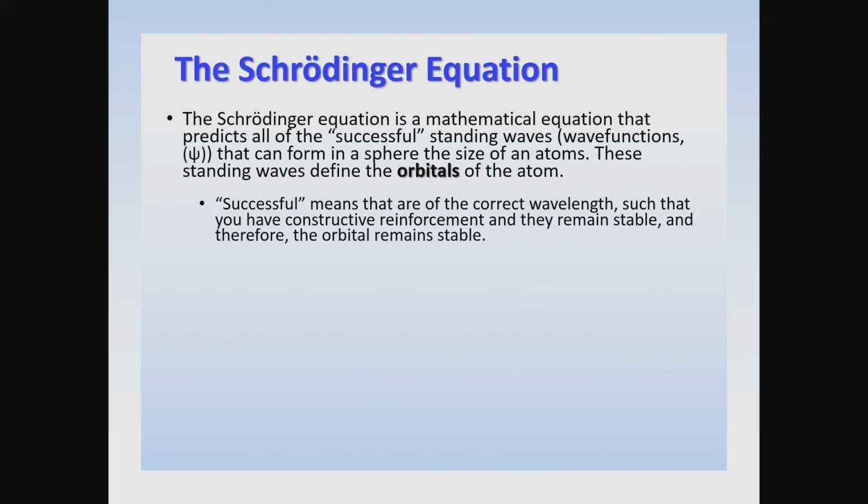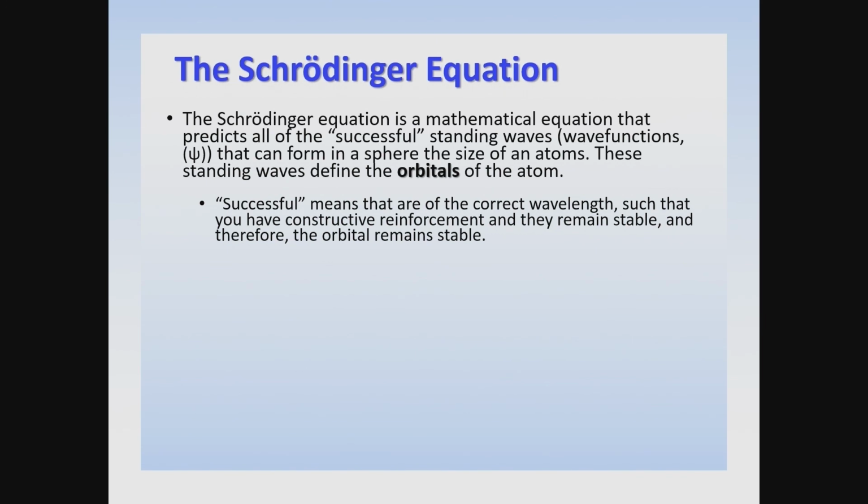The reason it's called the wave equation is due to de Broglie's idea that when you have standing waves at a certain distance from the nucleus, only ones at a particular distance away will constructively interfere with one another, and you'll get a good standing wave that reinforces itself. It's at that relative position that you might be able to find an electron.